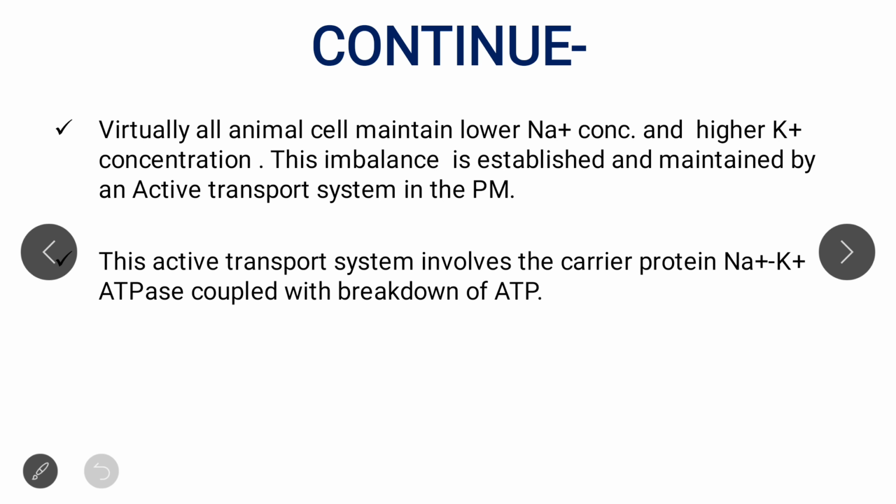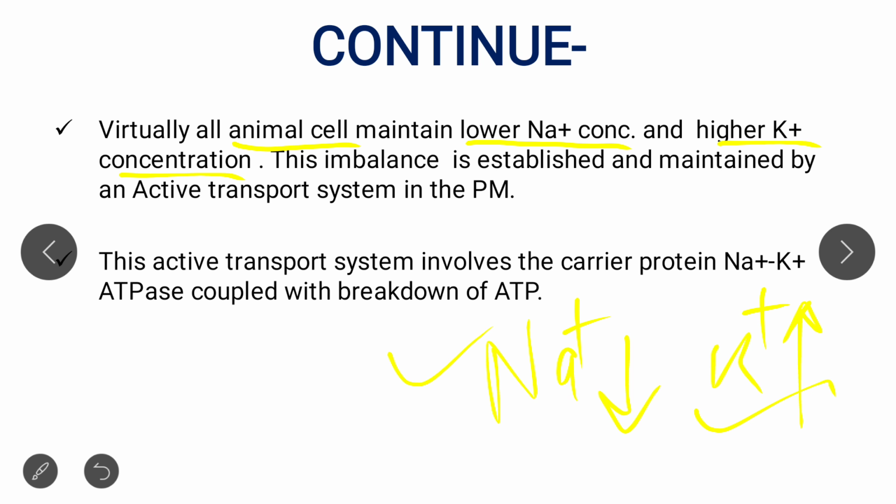Next, we all know that in an animal cell, the sodium concentration is low and the potassium concentration is high. This imbalance is maintained by an active transport system in the plasma membrane.